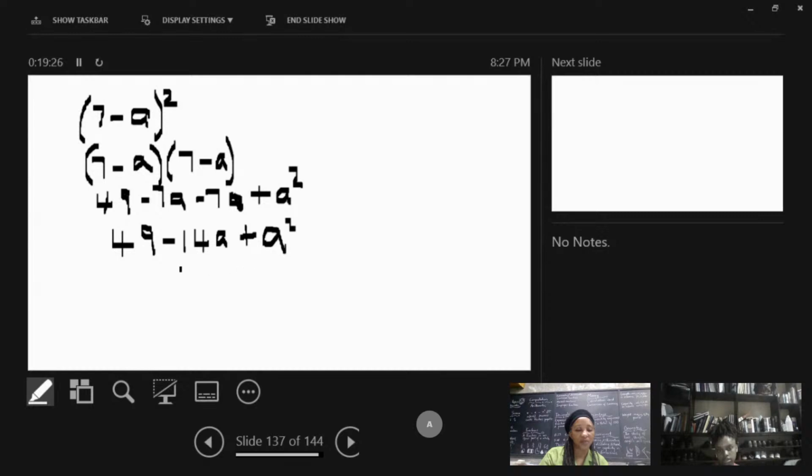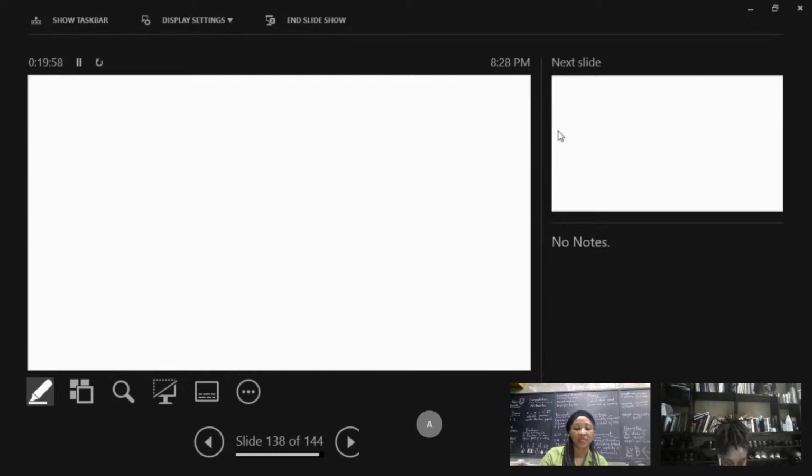And in the middle, we should have what? Two times the first term times the second term. All right. So the 49 is the 7 squared. The a squared is the negative a squared. And the negative 14a is 2 times 7 times negative a. Okay? Yes, miss. All right.